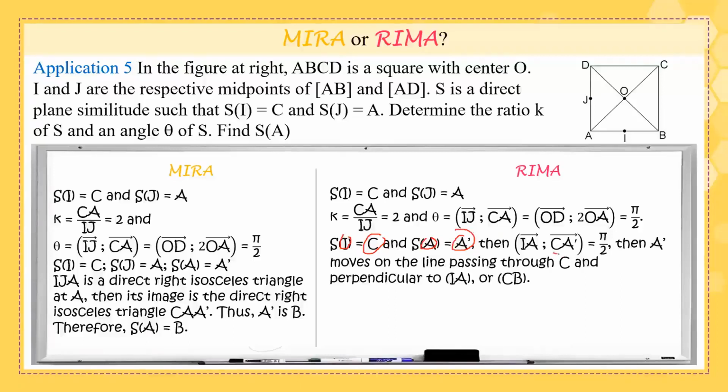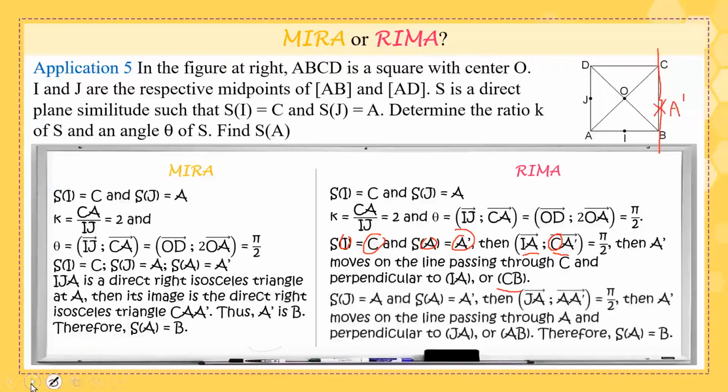That means this vector is perpendicular to this vector. So IA is perpendicular to CA'. That means A' will vary on a straight line passing through C and perpendicular to IA. That means A' will move on this straight line, which is CB. So A' will vary on this line.